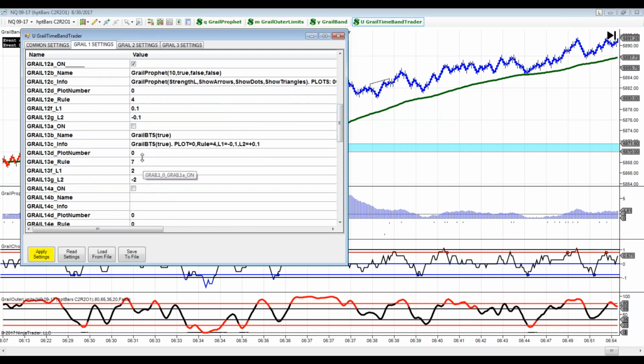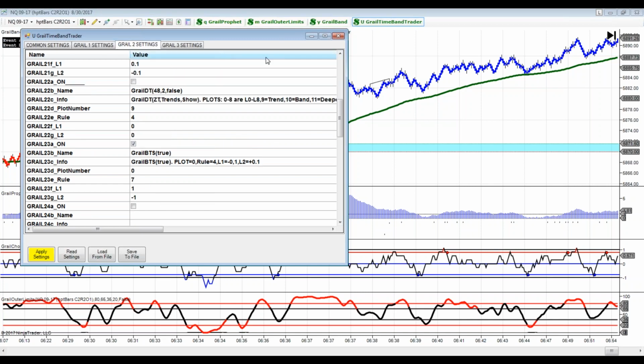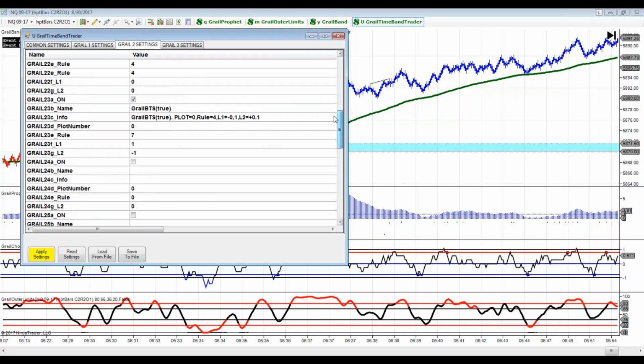What the Grail BTS means when it's 2 or -2 is: 2 means it's got to be blue, -2 means it has to be red. Okay, 1 and -1 means that yellow has to follow blue or yellow has to follow red.